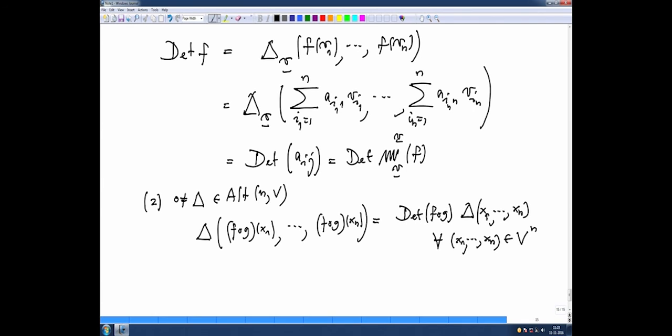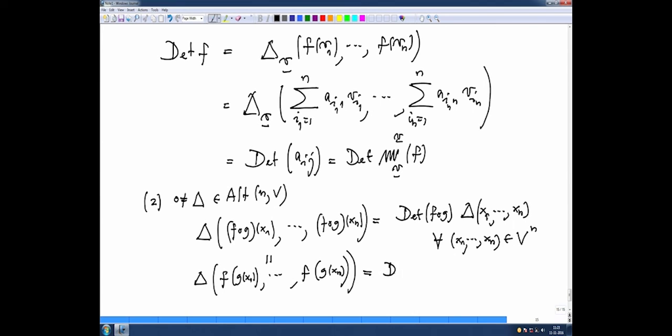Now, I want to compute this in a different way. I first want to do this first. So this is by definition delta of f of g of x1 to f of g of xn. I will take out f first. When I take out f first, the determinant of f comes out.